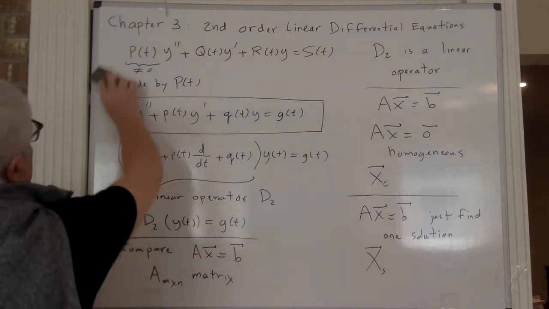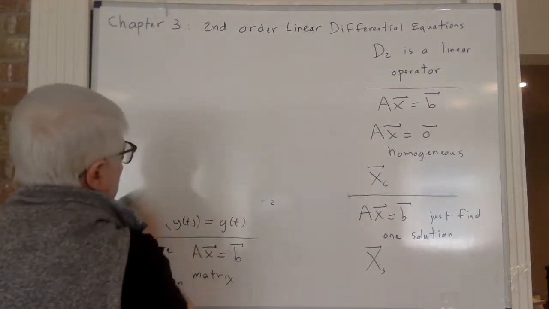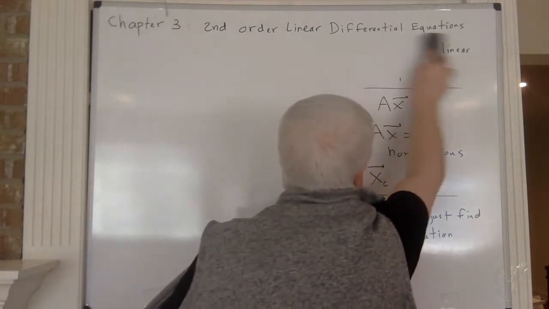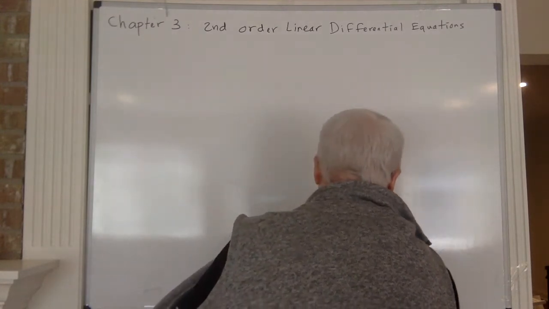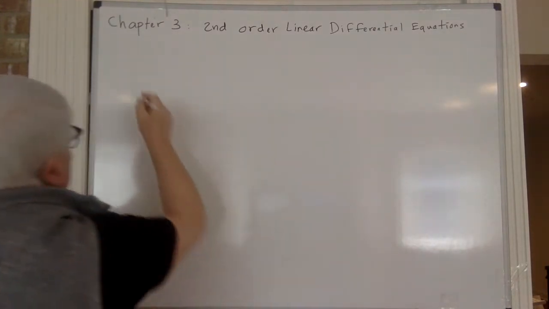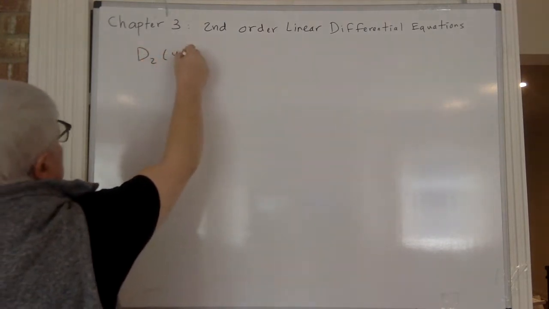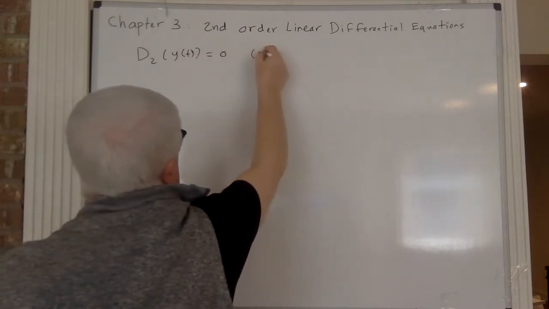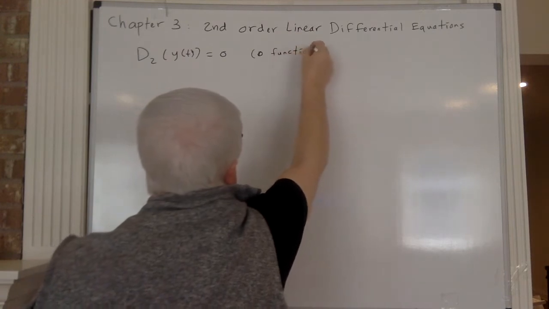Let me erase this thing here. So I have this situation, D2 of y(t) is 0. And this is the 0 function, in fact.